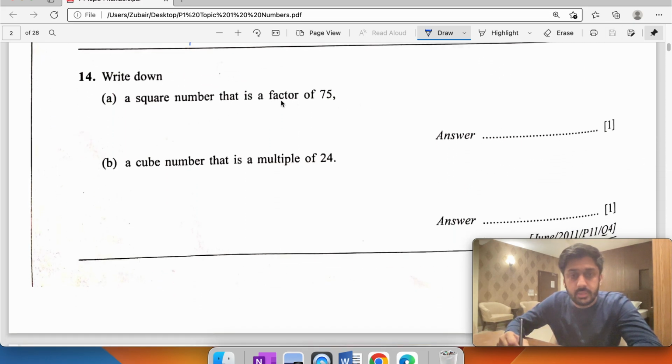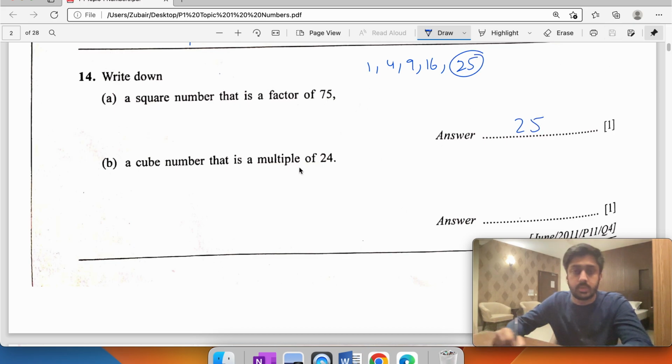Write down square number that is factor of 75. Okay, square number. So square of 1, square of 2, square of 3, square of 4, square of 5, 25. So it is a square number and it is factor of 75 as well.